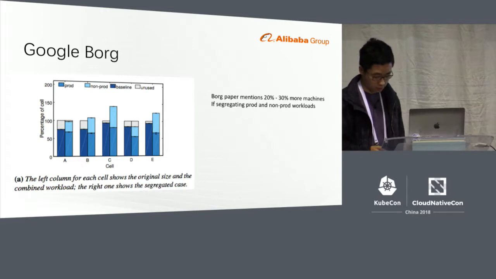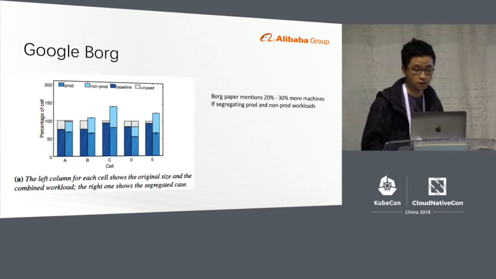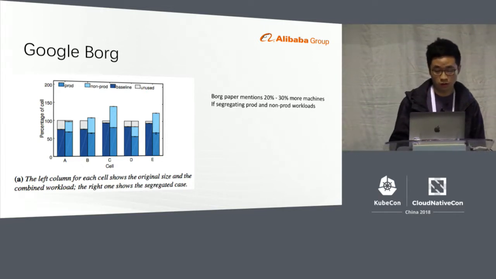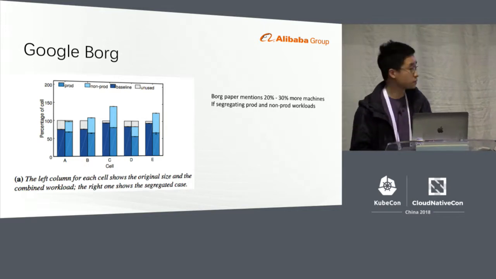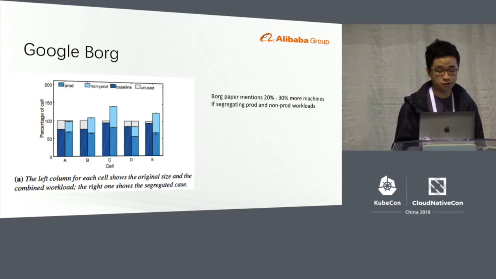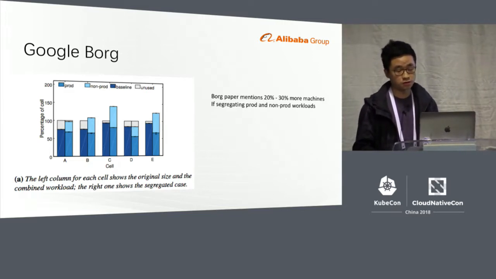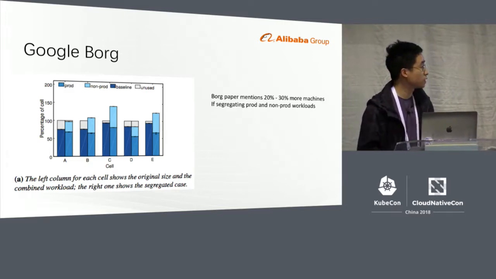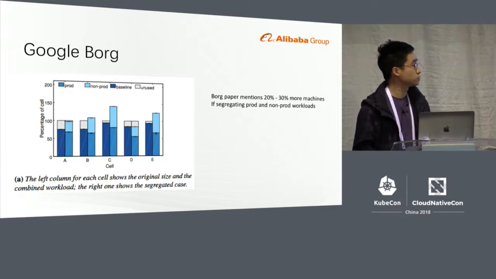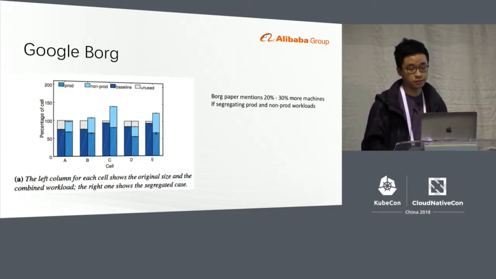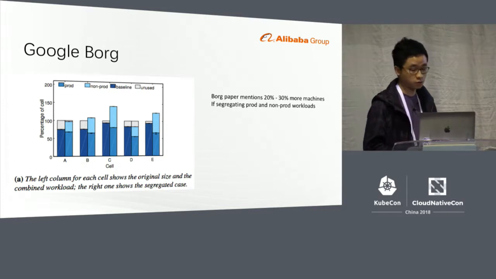In the past, Borg also published a paper talking about co-location. It said that production and non-production jobs are combined together. If we don't combine production and non-production jobs, then we need to invest 20 or 30 percent more machines.